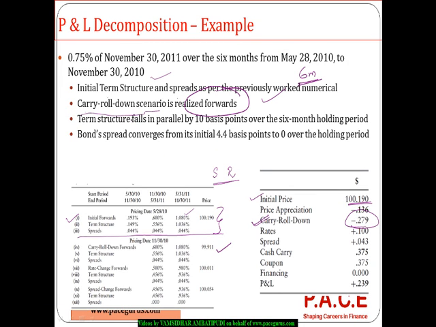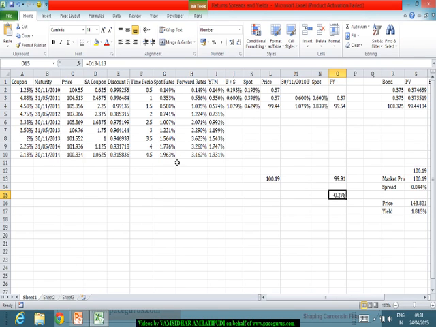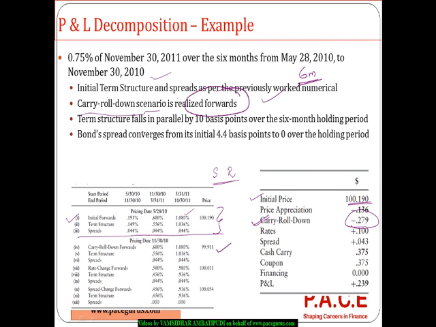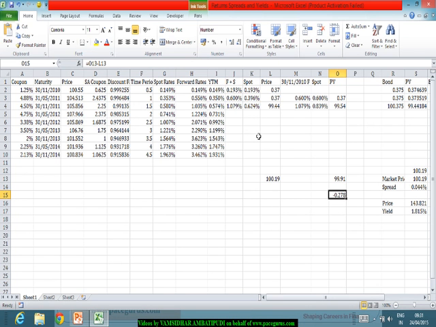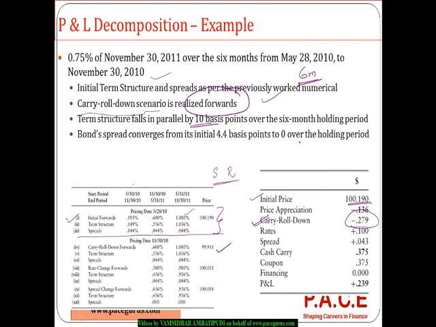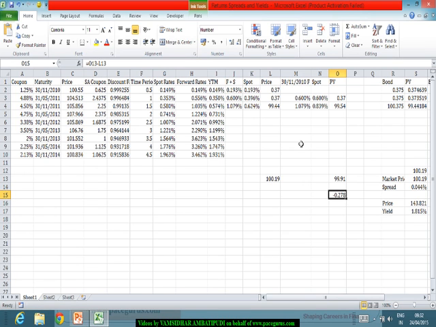Then the next step we are talking of is the term structure falls in parallel by 10 basis points. Now that's a rate change. Now I am saying that the term structure is actually falling by 10 basis points, though I initially started off with realized forwards as my expectation.